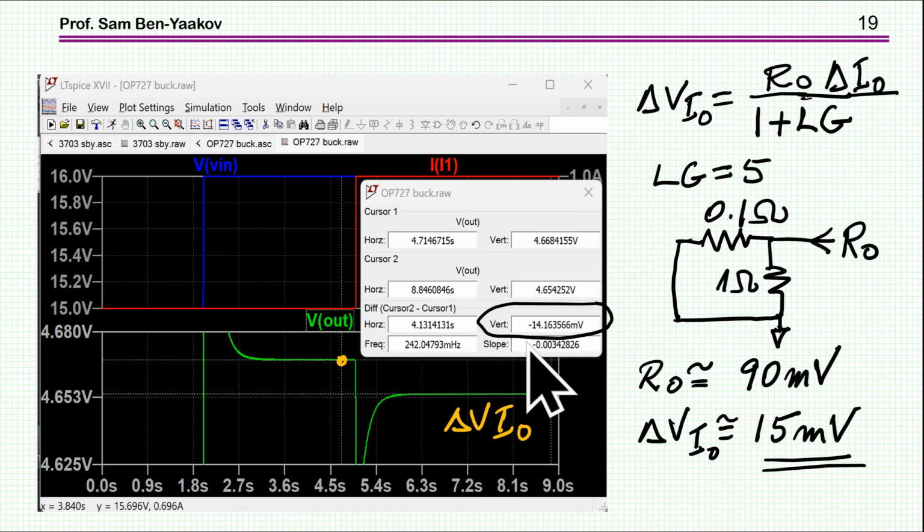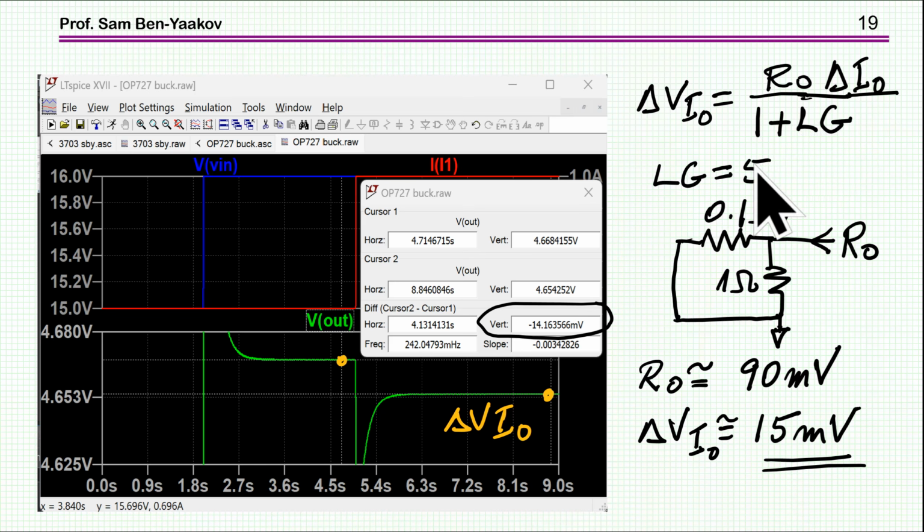We have all the information we need, and let's see if the theoretical expectation is really matching these results of the simulation. So we know that the expected output change as a function of a step in the output current is the output resistance times delta I, which is 1 amp in this case. And here I'm adding again 1 plus loop gain, because the loop gain is very small, it's 5, so you cannot ignore the 1.